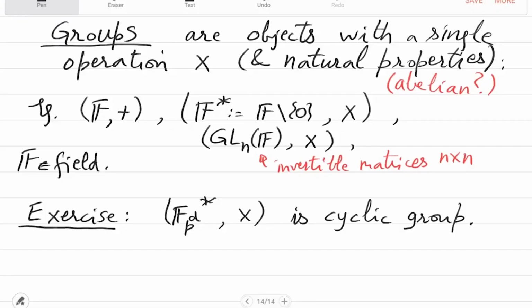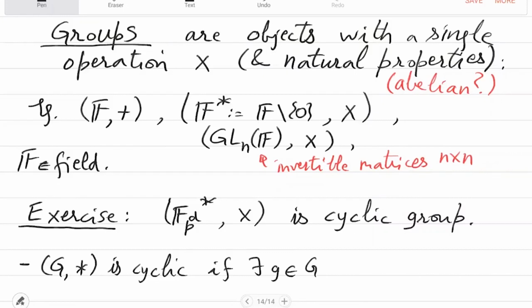That's a very special property. In general, we call a group cyclic if there is an element g in G such that g and g inverse generate everything.